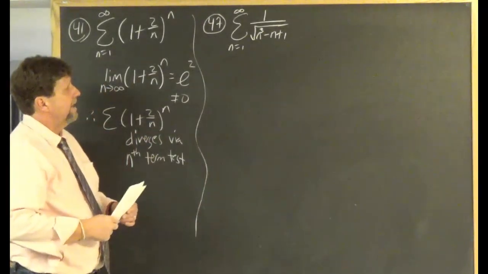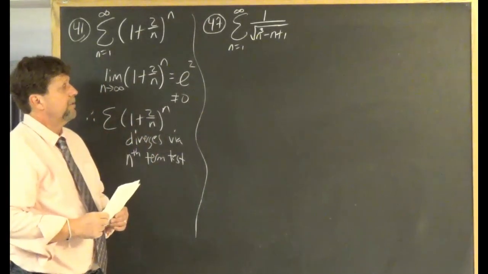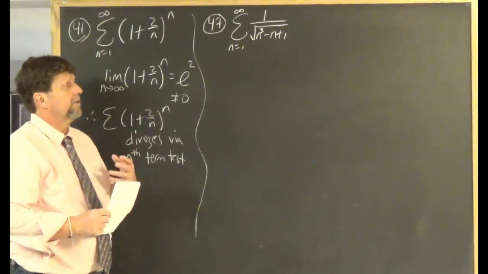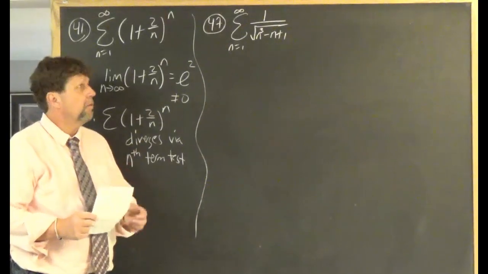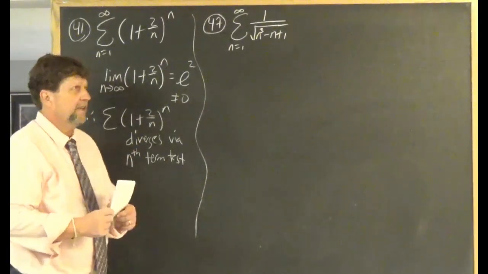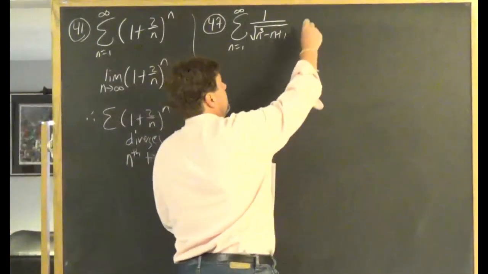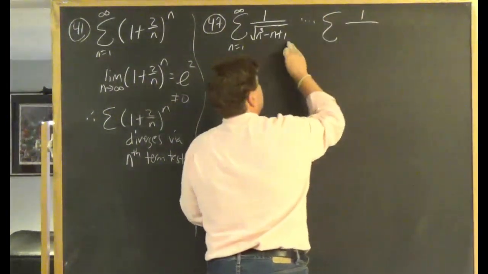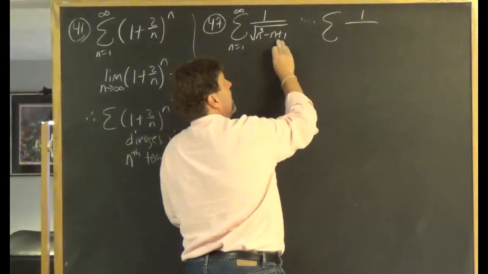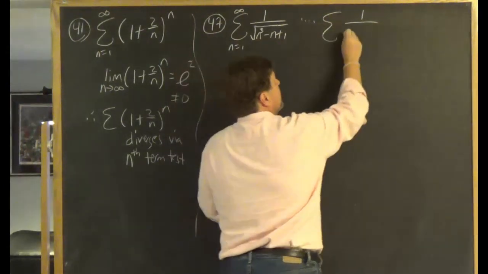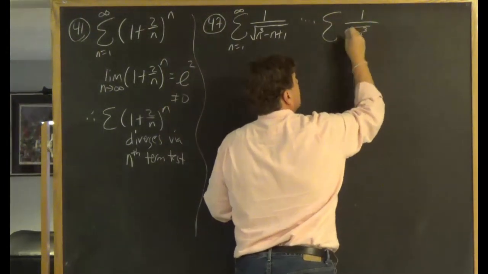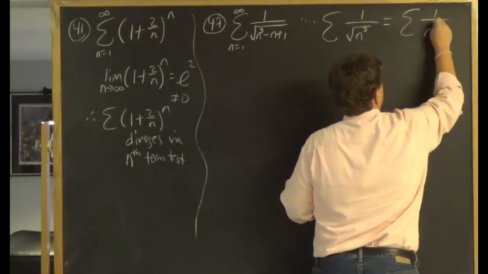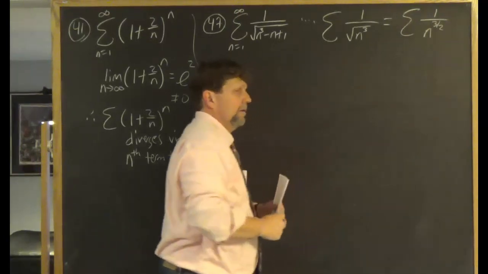And number 47, the series n equals 1 to infinity of 1 over the square root of n cubed minus n plus 1. Okay, when I look at that, I'm thinking, maybe if I ignore everything under the radical except the largest exponent, well, what do we know?